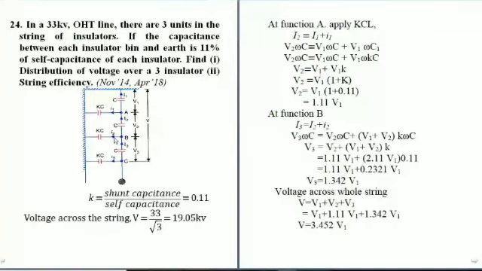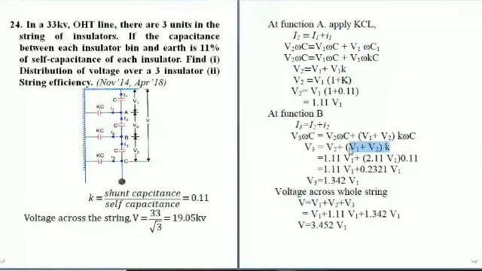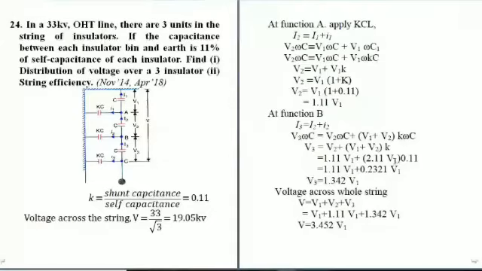Now substitute all the values here. V2 is equal to 1.11 V1 plus V1 value plus V2 value. If you add these two, you will get 2.11. The V2 value we already know, that is 1.11 into V1.